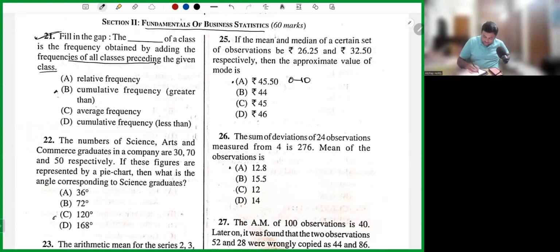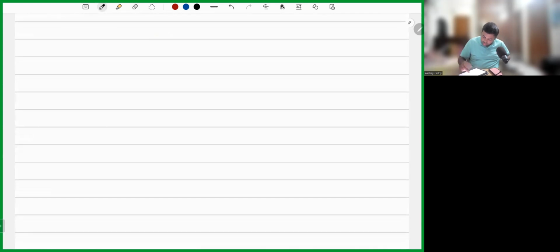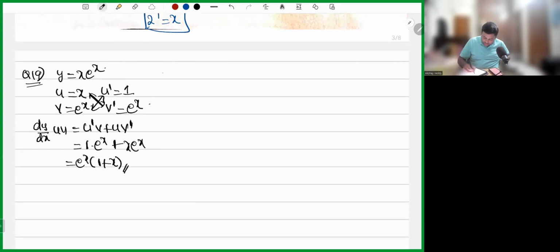Say for example, I'm having observations and frequency. Observations are given 0 to 10, 10 to 20, 20 to 30, 30 to 40, 40 to 50.